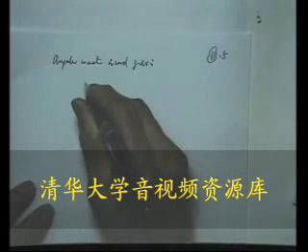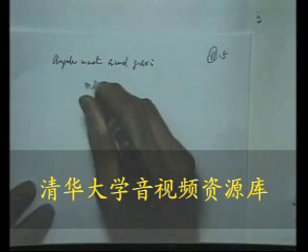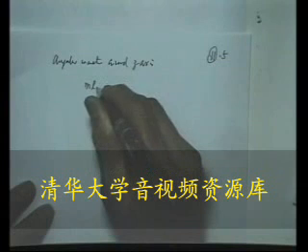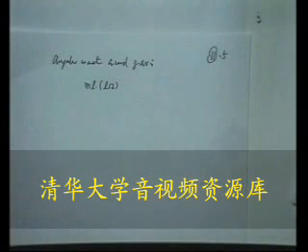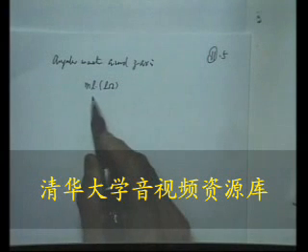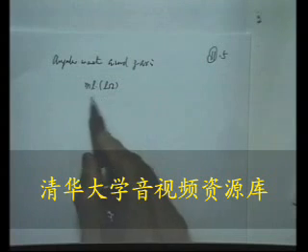It is equal to mL times L omega. L omega is the velocity. The angular momentum is m times r times the velocity, so it's equal to this.